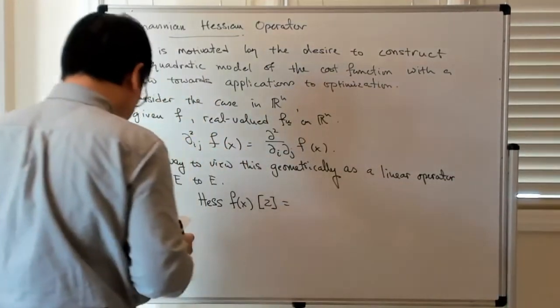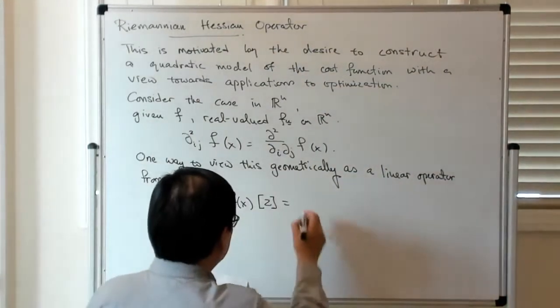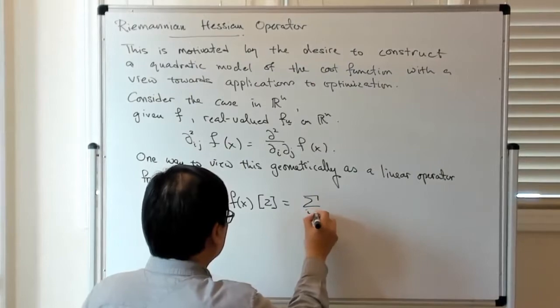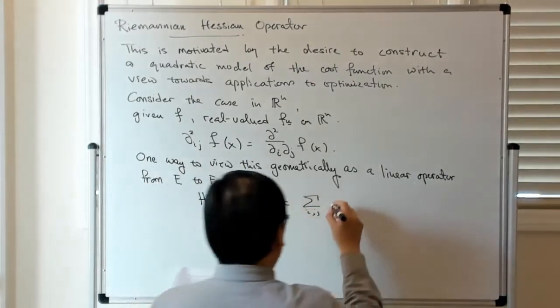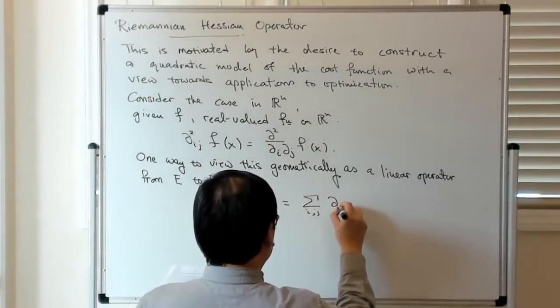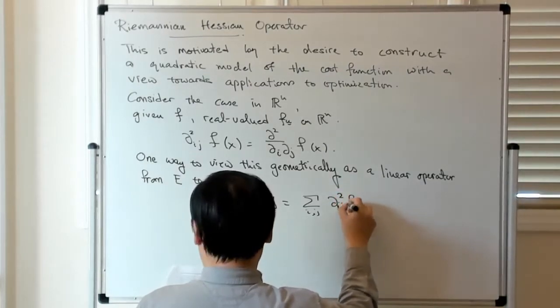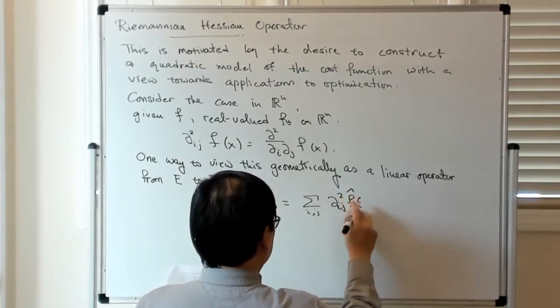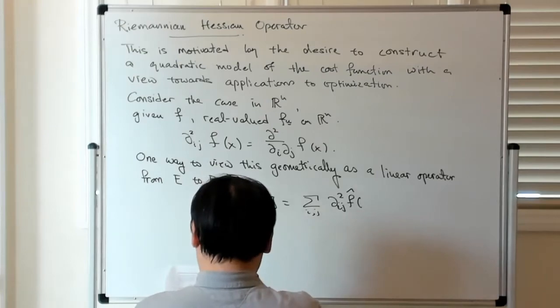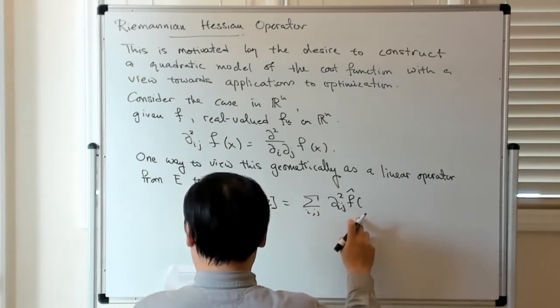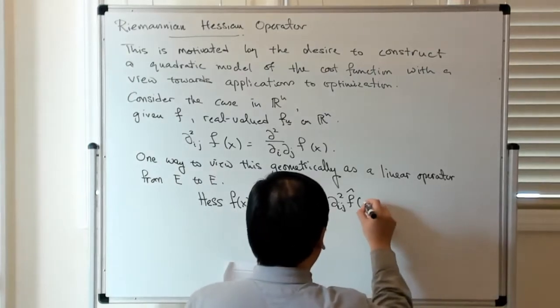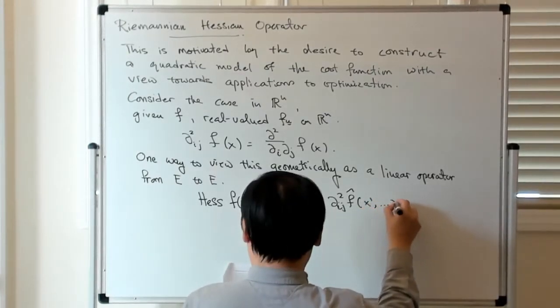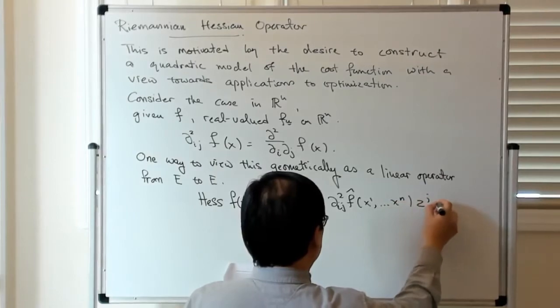Let's just define it to be the following: it's the sum over i and j of this object, and then there's a representation of this, f hat of x1 to xn, times cj ej.